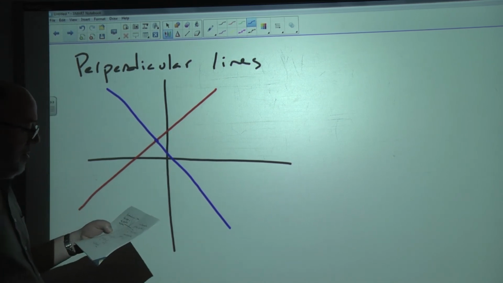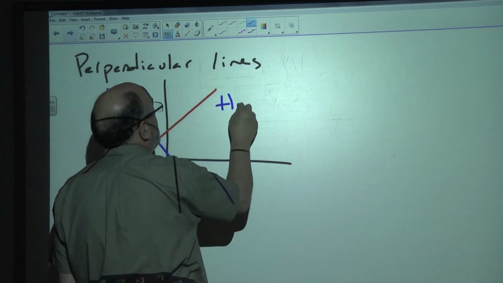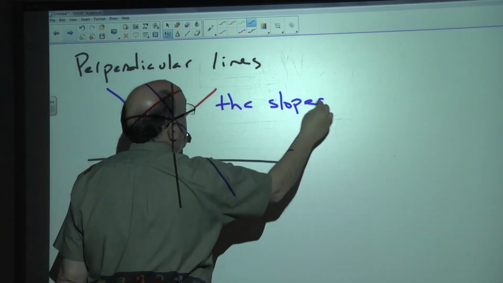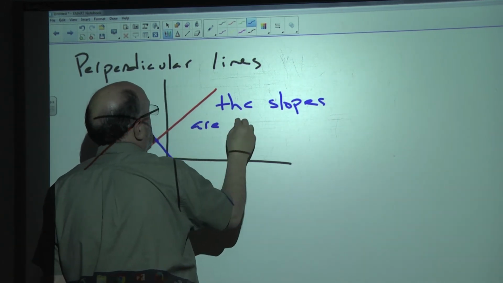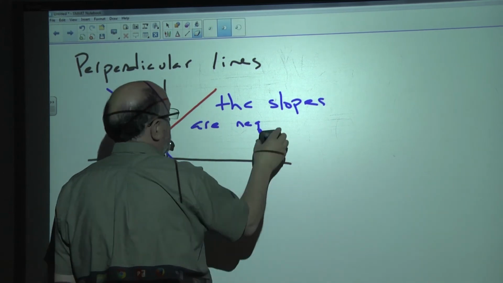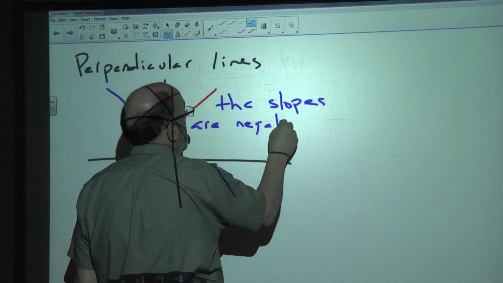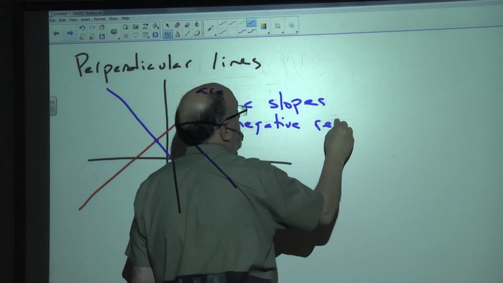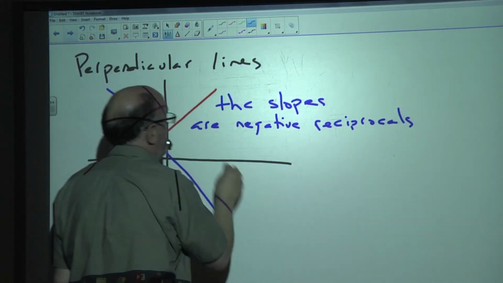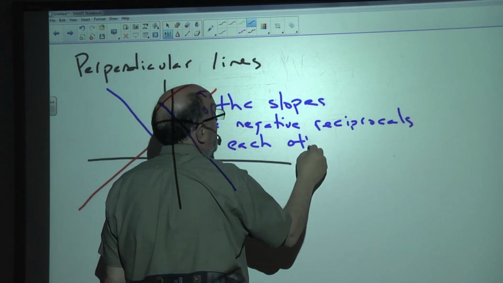And so you have for perpendicular lines that the slopes are negative reciprocals of each other. Right? So the slopes are negative reciprocals of each other.